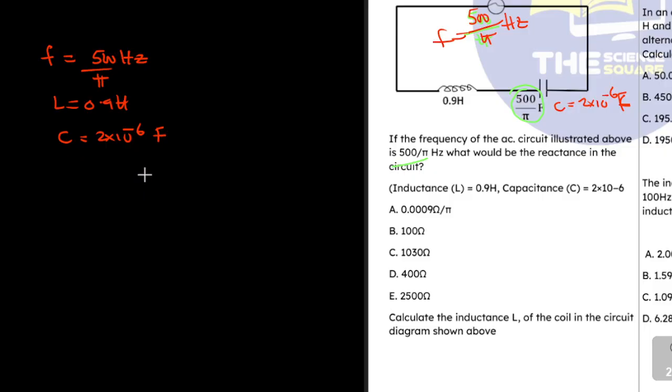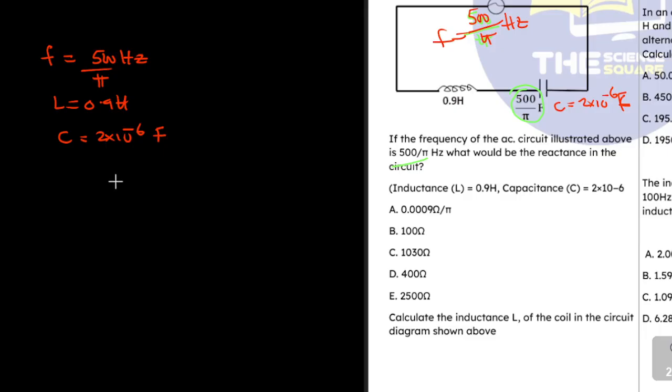frequency, and since in the circuit we have both an inductor and a capacitor, the instruction is to calculate the what? Is to calculate the frequency. So how do we go about this? Then we have to recall that, of course, the question did not specify that it is at resonance.